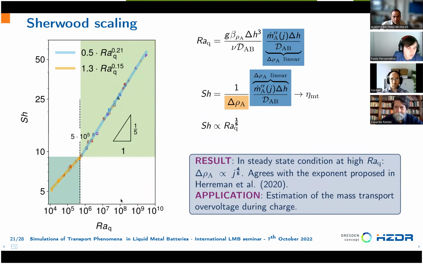So if you have 10 to the 7, you divide by 10, so it's one order of magnitude less, so 10 to the 6 or something like that, to compare it. But okay, this is the full range. If you are at very high current density, you can even get higher.